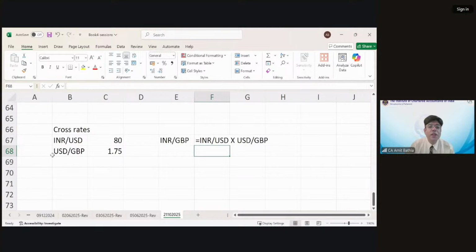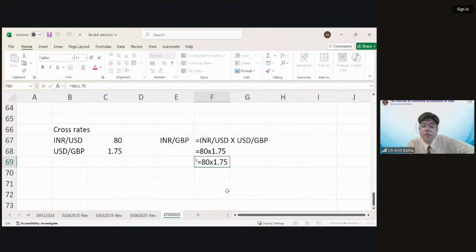Because 1 GBP is 1.75 USD, and your INR to USD rate is 80. So effectively the answer is 80 into 1.75. So I get 140 rupees per GBP.